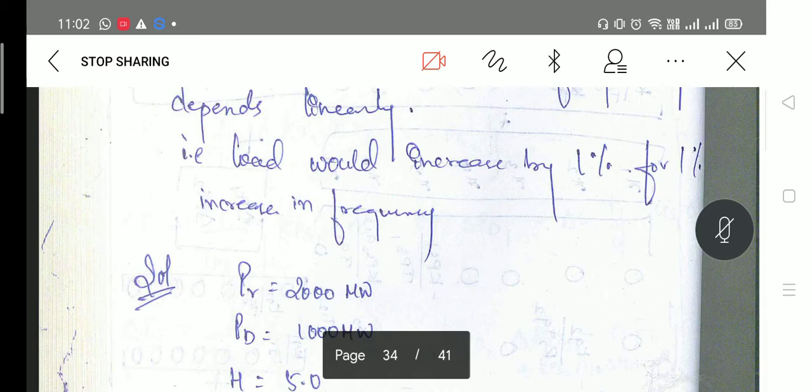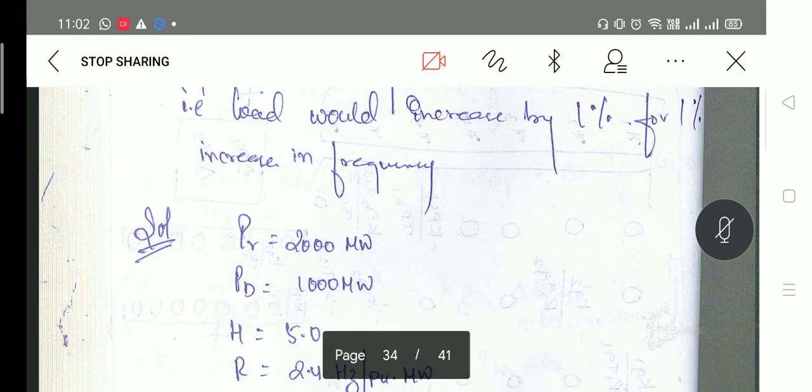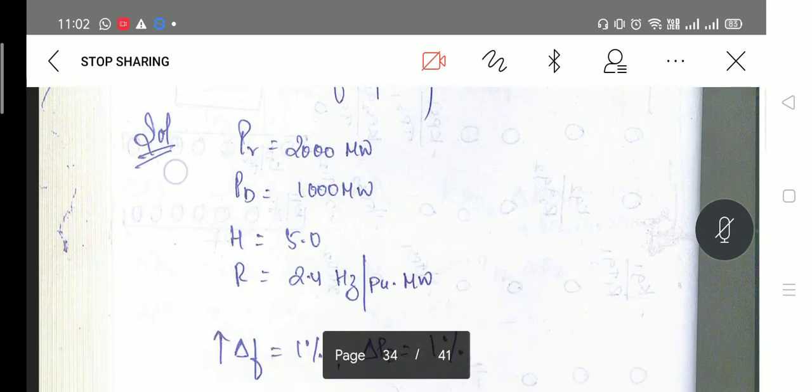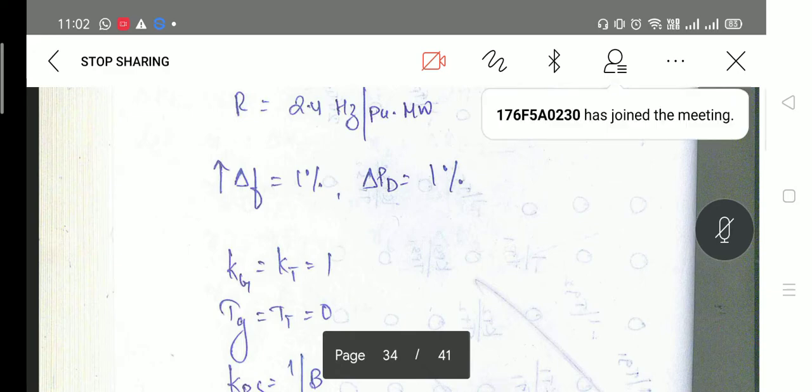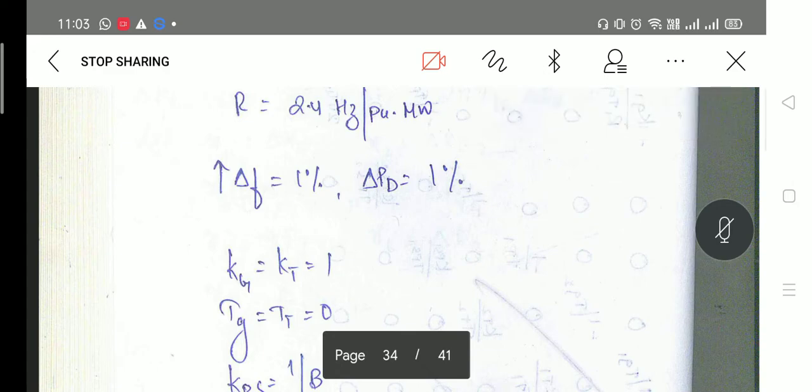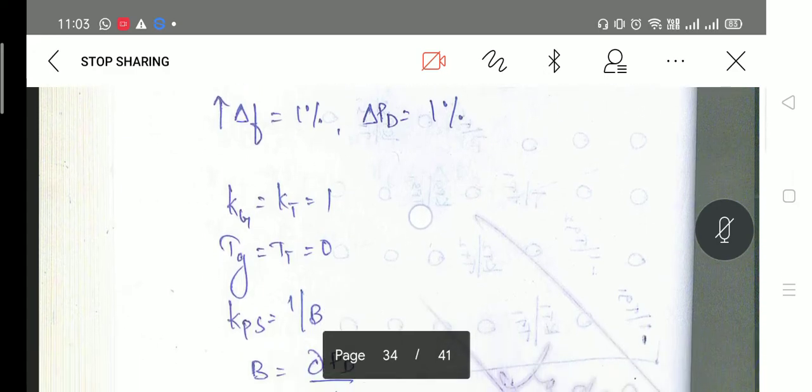And he is given one more thing also, delta F 1% and delta PD is also 1%, and he is assuming Kg is equal to Kt is equal to 1 and Tg is equal to Tt is equal to 0.